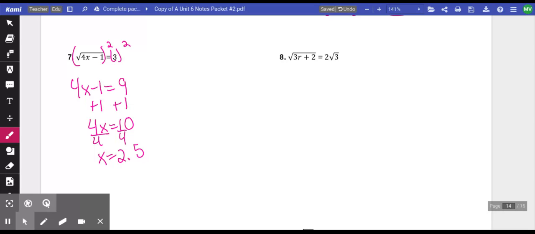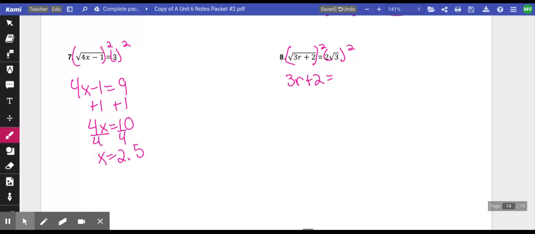Number 8 is trickier because I can't completely isolate the radical, because I have that too. So what I want to do is start out by squaring both sides. The square root of 3r plus 2 squared is 3r plus 2. 2 radical 3 squared just means 2 radical 3 times 2 radical 3, which is 4 radical 9, which equals 12.